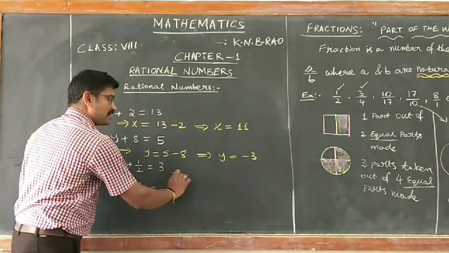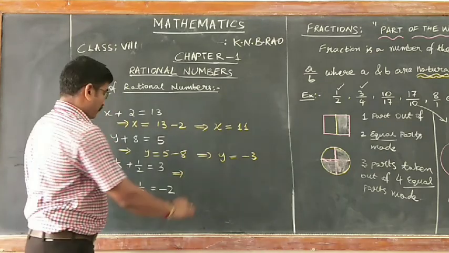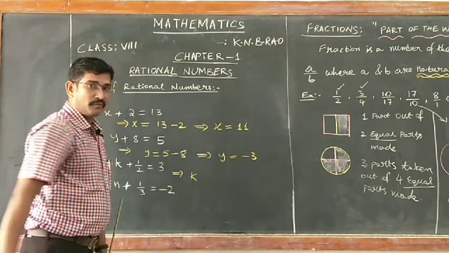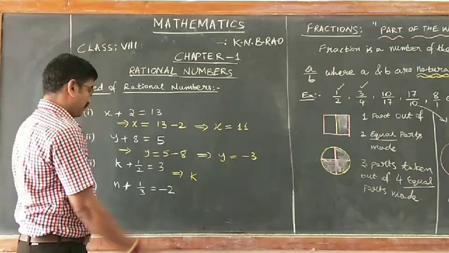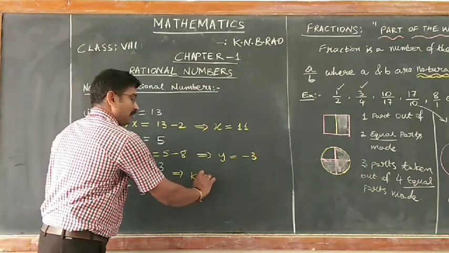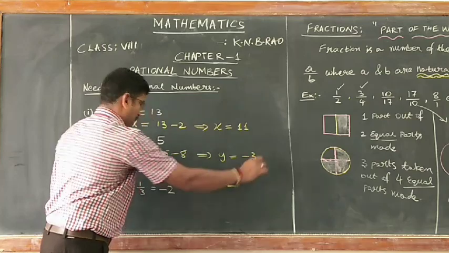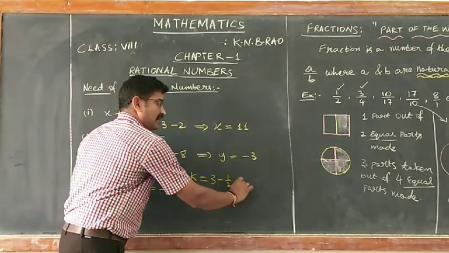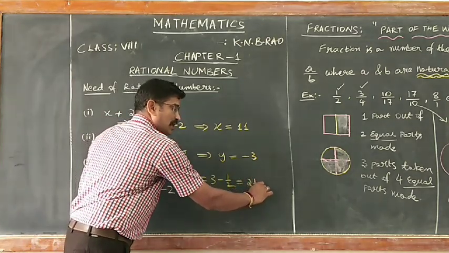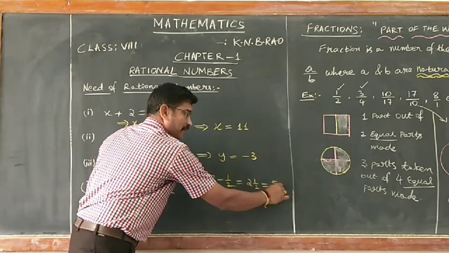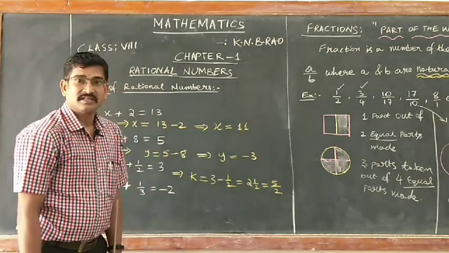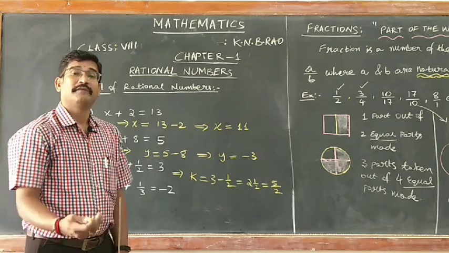When I solve for the value of a variable in this third example, k is equal to 2.5 or 5/2, which is again a fraction.